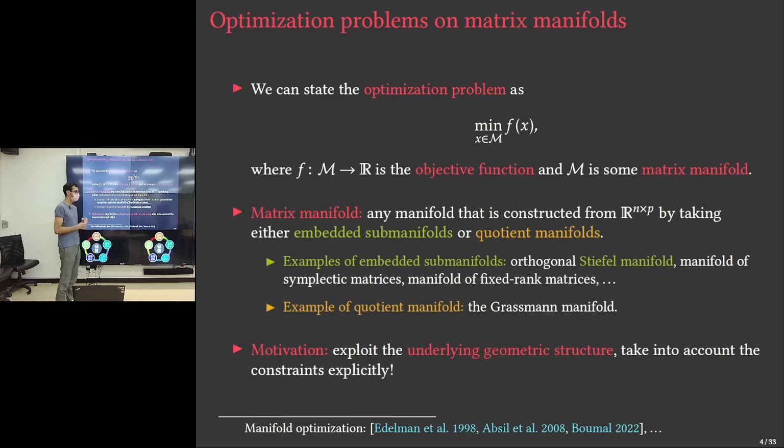In this way, we can take into account the constraints, so the fact that the optimization variable belongs to the manifold, explicitly. This also usually leads to more efficient algorithms. So we have a geometric structure that we take into account, and this gives us more efficiency.